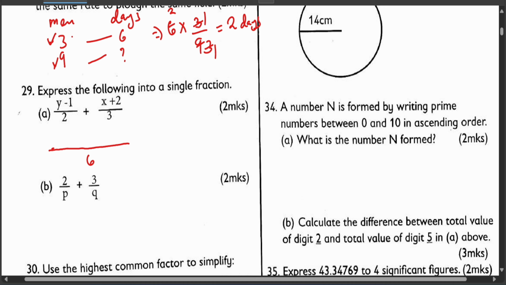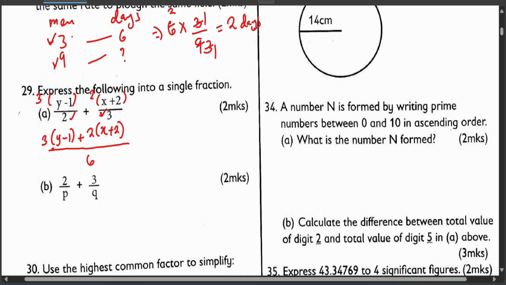Usually the easiest way is this: 3 you multiply by the algebra on the left side, and this 2 you will multiply by here. So it will be 3 into bracket y minus 1 plus 2 times x plus 2.